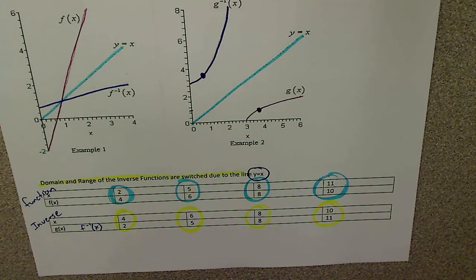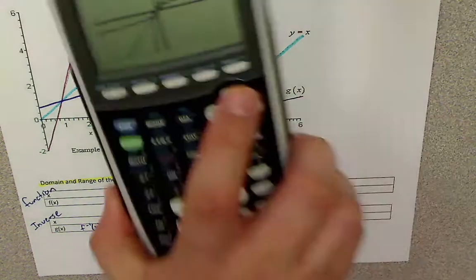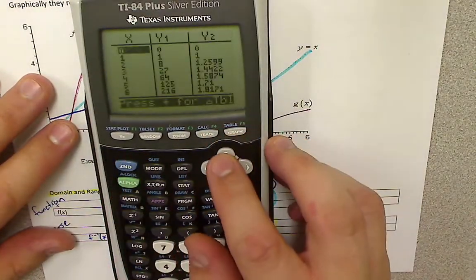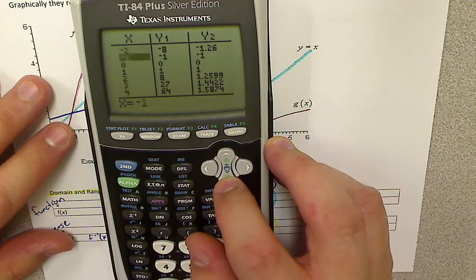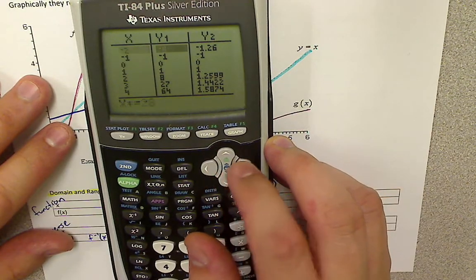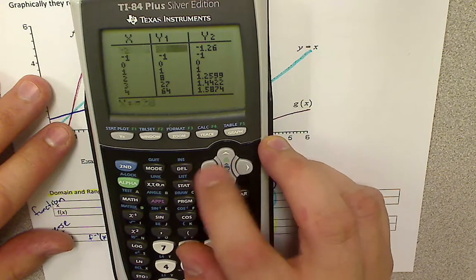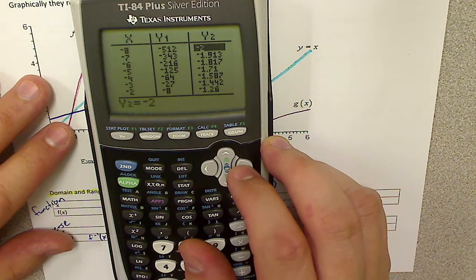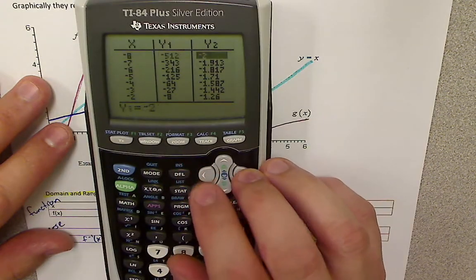That's one way to prove that two graphs are inverses. So if I go back to my original graphs here and actually go to the tables, what I will see is if I pick a point, like say right here, negative 2, 8, then I go to where negative 8 is, and I see that there's a negative 2. See?